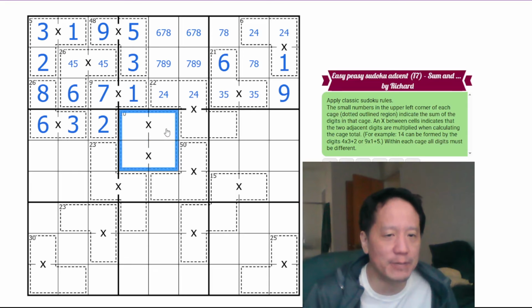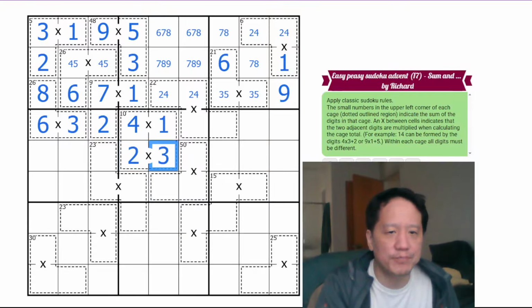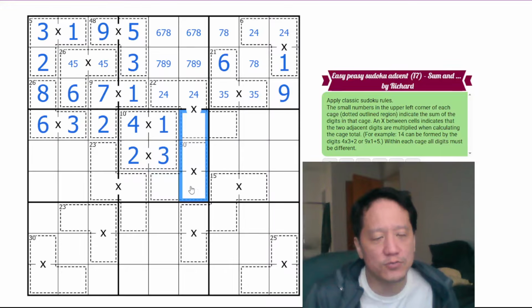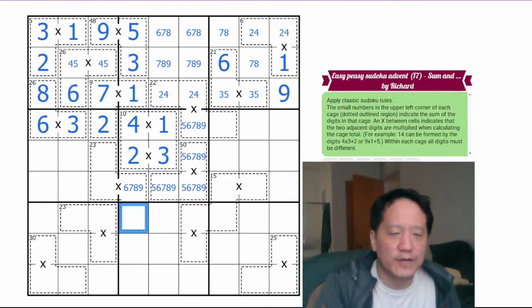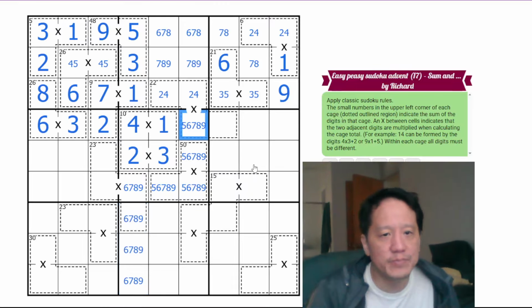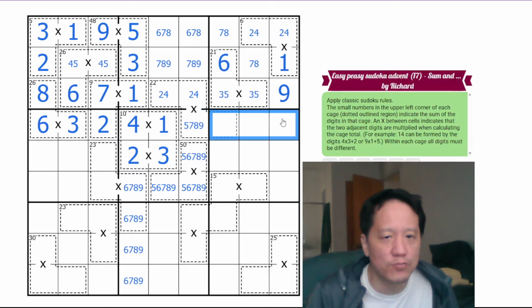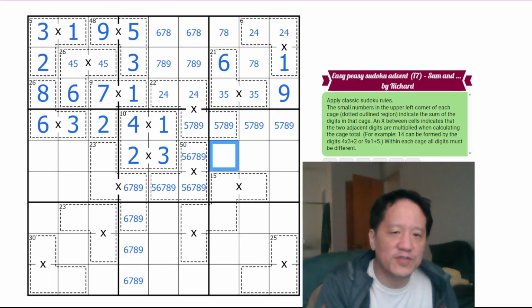So this is the minimum for each, therefore they must be exactly what's needed. So this has to be 1 and 4, because it can't be 1 here. This can't be 3, so this is 2 and 3 to add up to 10. That means the remaining digits in the box are 5 through 9. This can't be 5. Remaining digits in column 4 are 6, 7, 8, 9. This can't be 6. Remaining digits in row 4 are 5, 7, 8, 9.